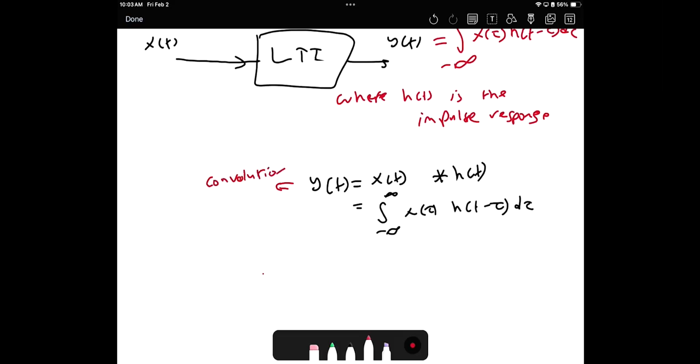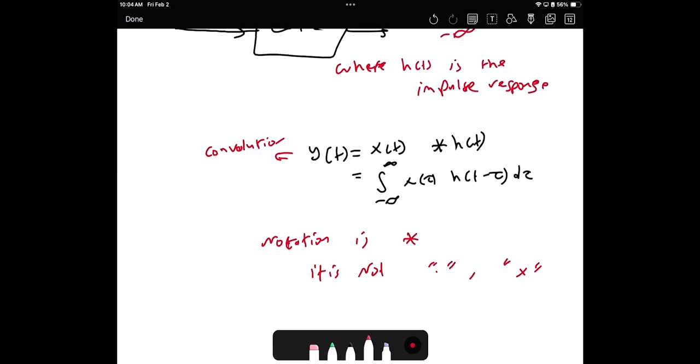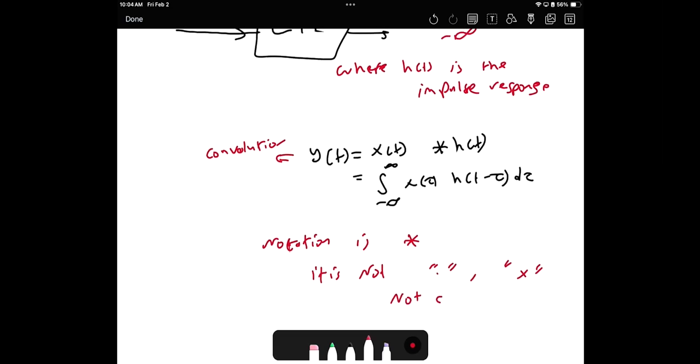And this notation is a star. It is not a product, it's not a dot, it's not a cross, so it's not signal multiplication.